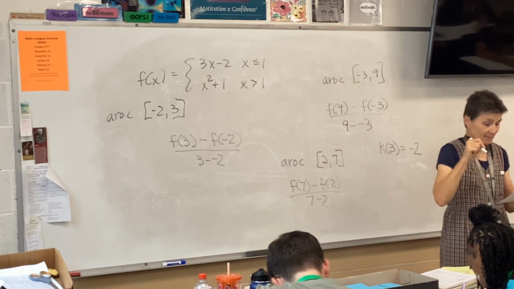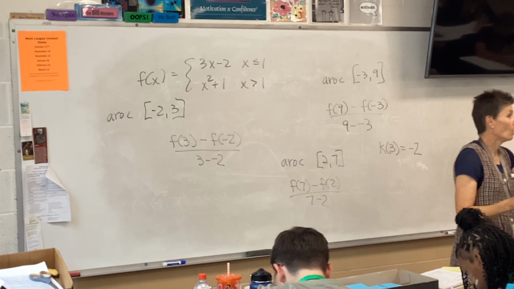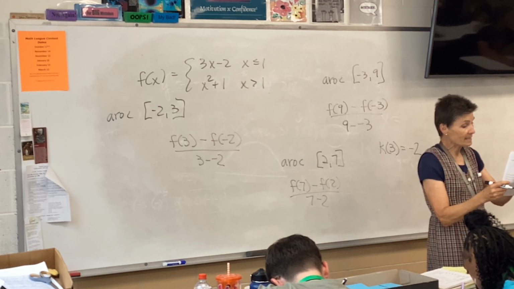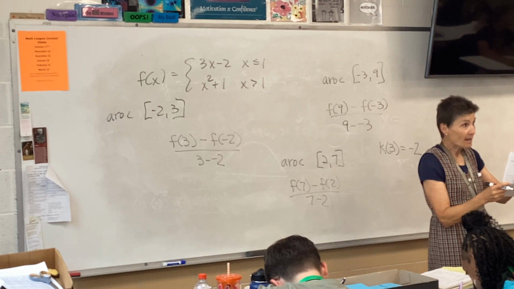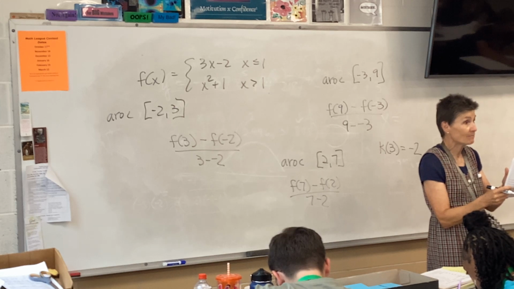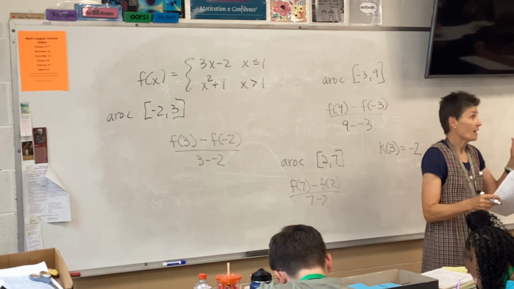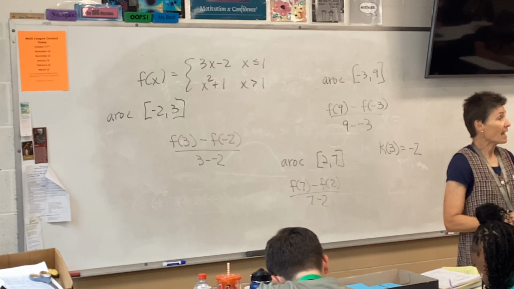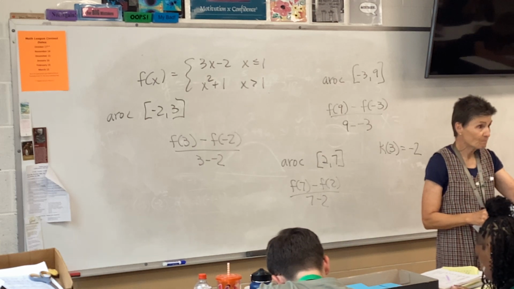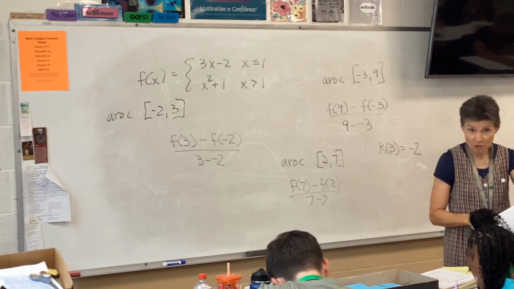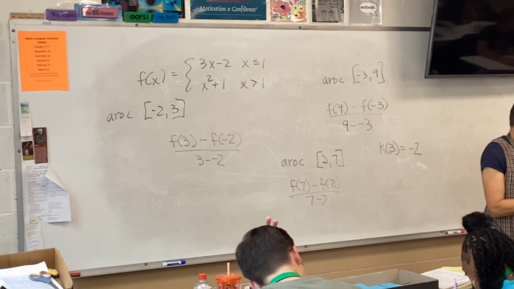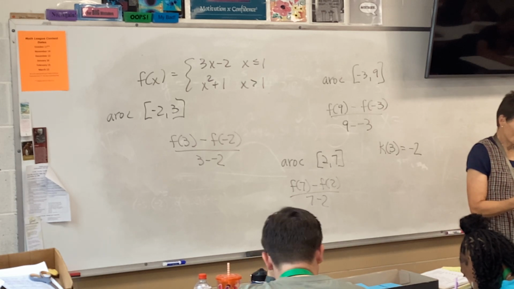But it isn't concave down on the whole thing. It's concave down until we get to -2, and then it becomes concave up. So, concavity changes, like Kennedy used this terminology earlier, concavity changes at -2, or there's a point of inflection at -2, and the curve becomes concave up. All right? Very good, Ellen.